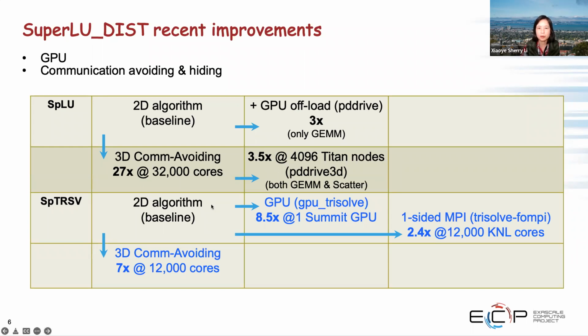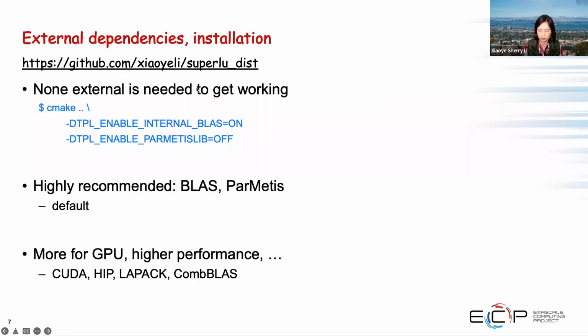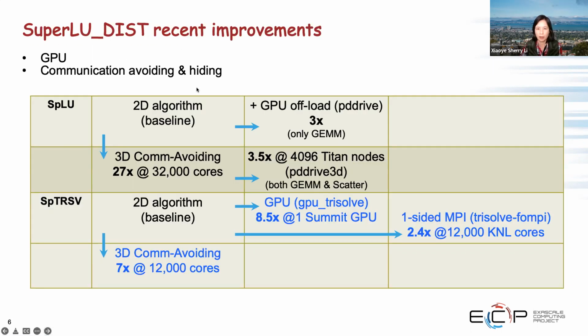So I will show you roughly this in terms of two algorithm innovations, GPU and communication avoiding. What's the effect in terms of speed? We start with a baseline in the distributed code, which is a 2D distribution.